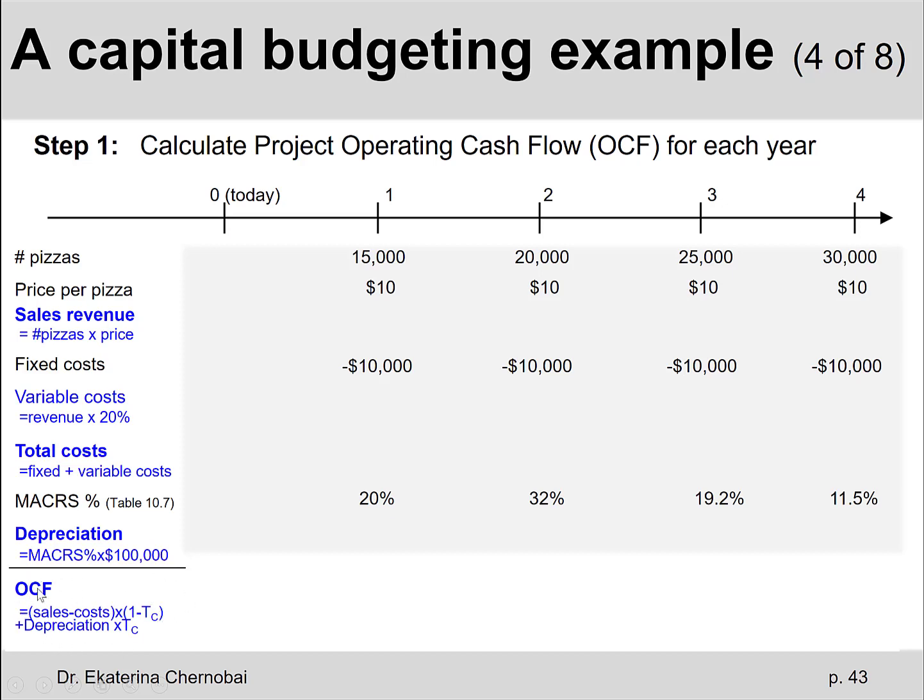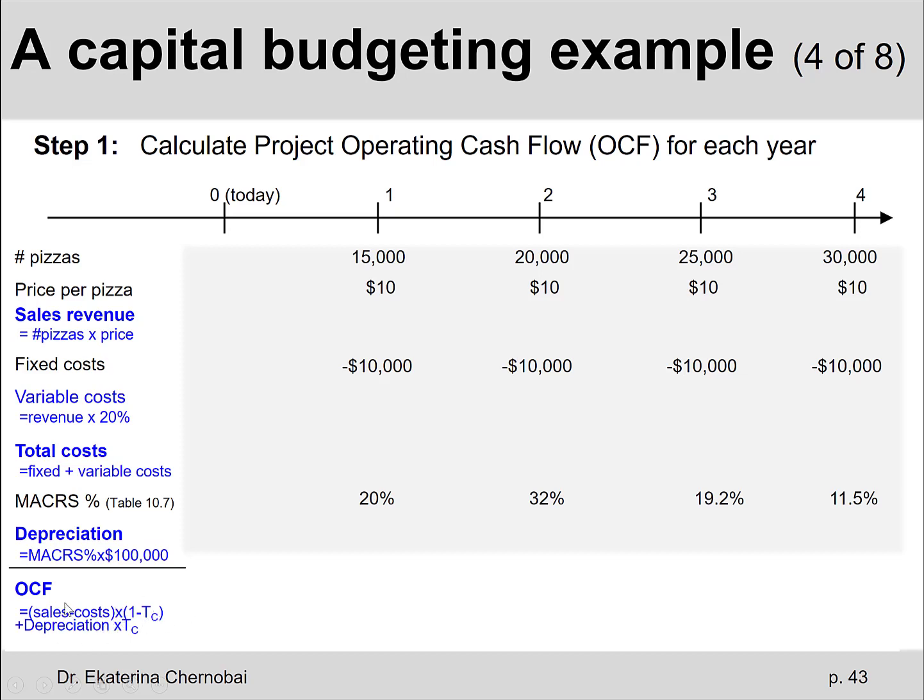The other versions of this formula have net income or taxes. And for that, you need to do extra calculation steps. So the depreciation tax shield approach does not need as many preliminary calculations.